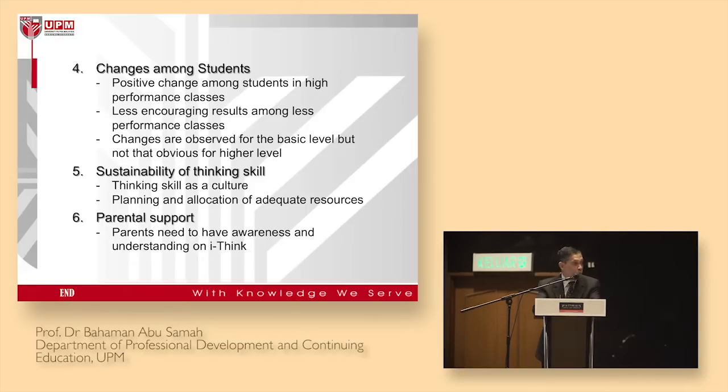One, of course, will be AIM. Second will be the ministry, and third is the school. And then at the school level, we have the draft team, the teachers, the students, as well as the parents.